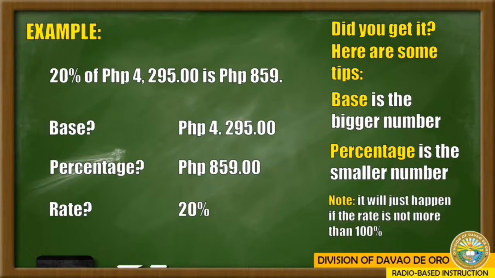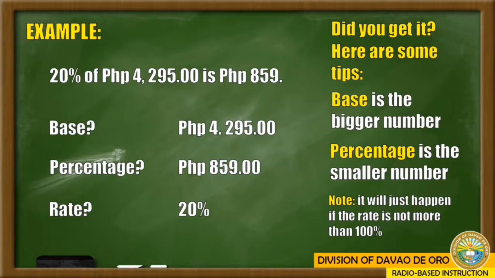Here is a note. It will just happen if the rate is not more than 100%. So look at our rate. Our rate is 20%. So if it is not more than 100%, we will follow these tips.